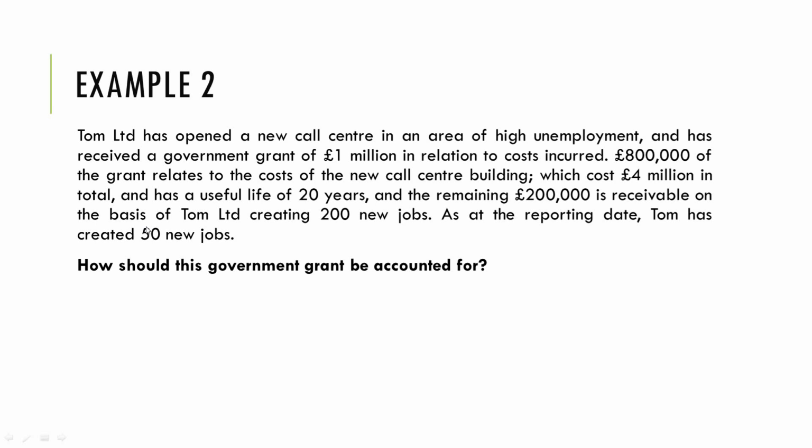So if you look at this example, actually it involves two types of grant. The government is offering Tom a 1 million government grant. So this 1 million is divided into two different things. 800,000 is related to the building, the new call center building.